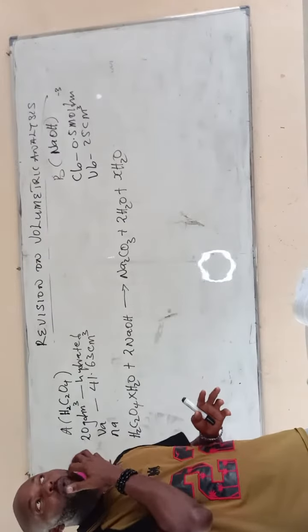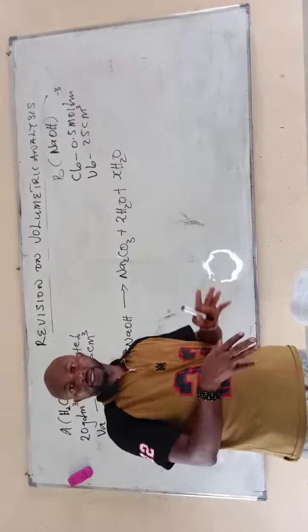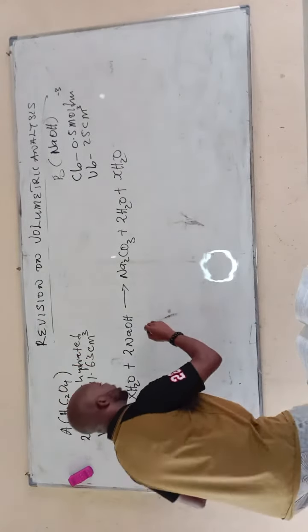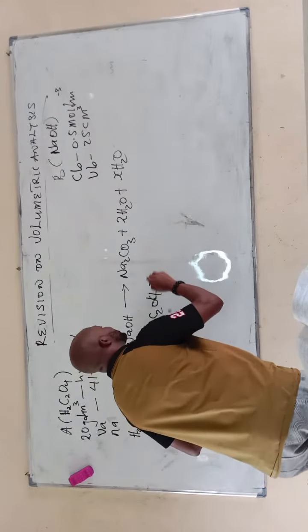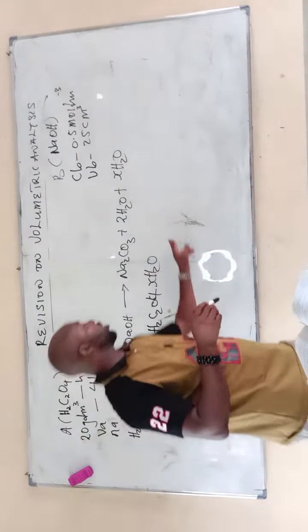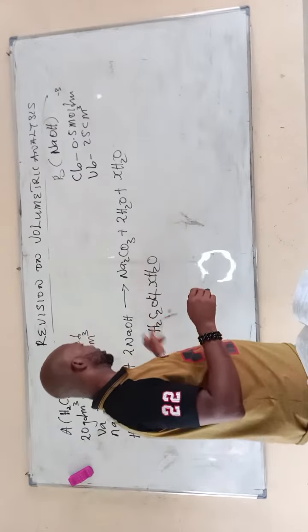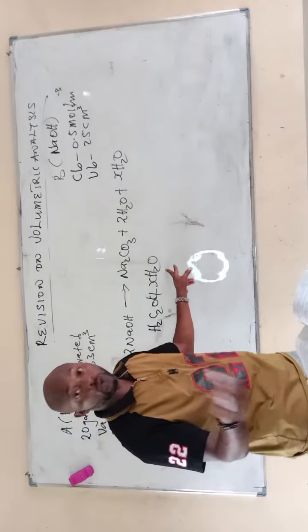So our job is to find out what is the percentage of water present in that substance. Take, for example, this particular one here, H2C2O4 . xH2O. This is called a hydrated salt or acid, hydrated acid, because it contains water, and the number of moles of water is unknown.